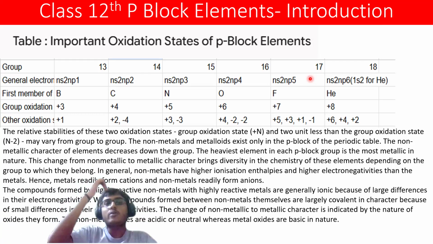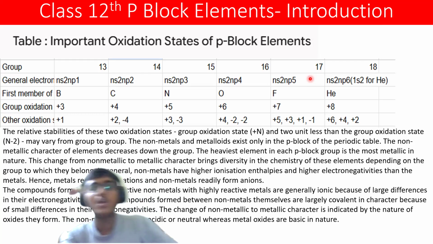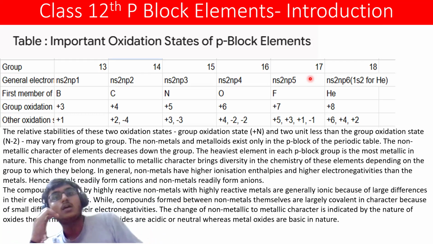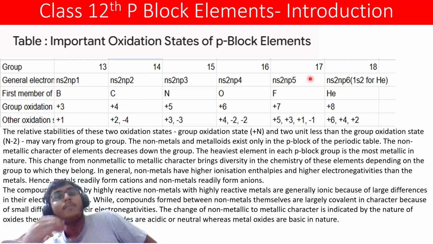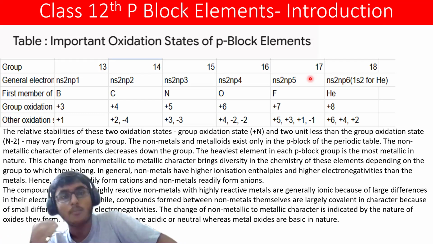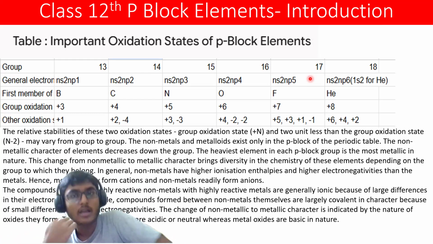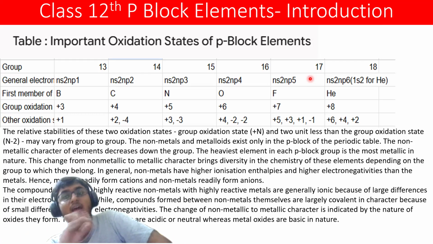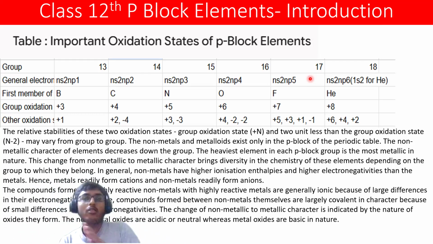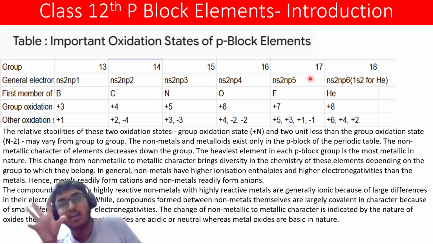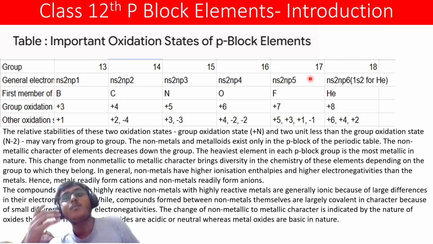If we see about the non-metallic character, then nitrogen, oxygen, fluorine, carbon have the most non-metallic character, isn't it? And the heaviest element in each p block group has the most metallic nature.